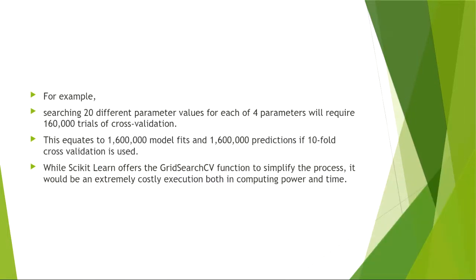This is just for 4 parameters. If you have different parameter values for these 4 parameters, there will be different trials of cross validation. That means you are using the 10-fold cross validation method over here. That's why you can use the scikit library.